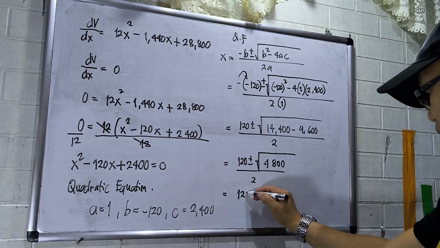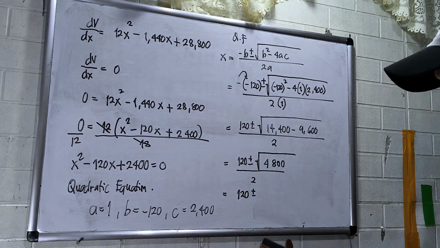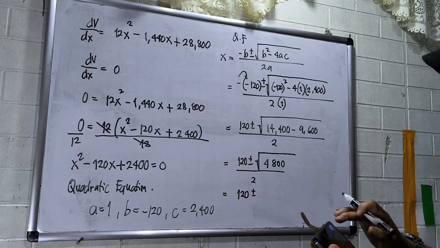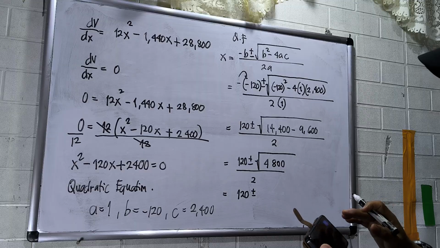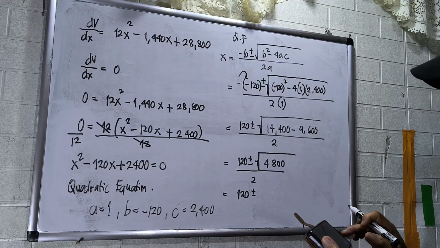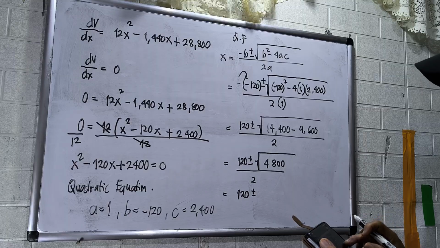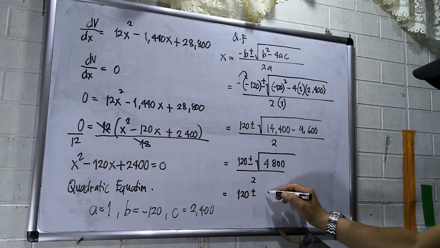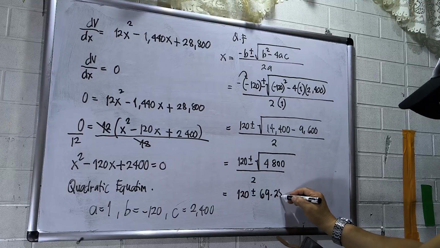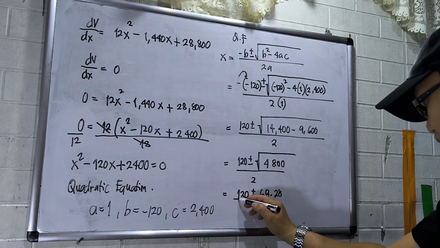So 120 plus and minus the square root of 4,800 is equal to 69.28. Then this will be over 2.